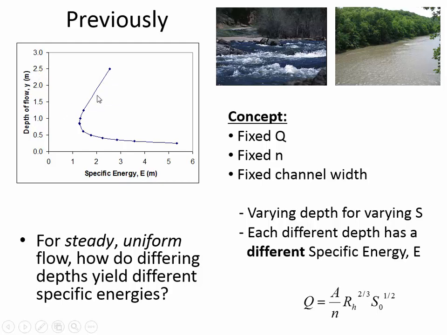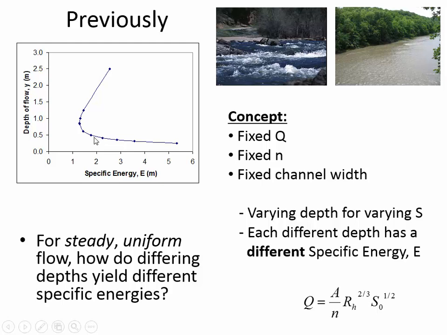This curve illustrates the concept of alternate depths that was asked about in the quiz. It shows that for a certain specific energy, if we had 2 meters of energy in a certain flow, there's 2 depths that have that much energy: a subcritical depth up here and a supercritical depth down here.